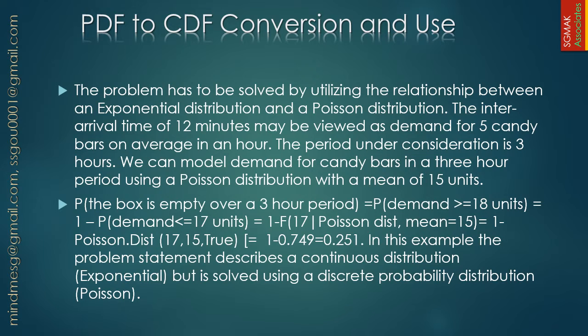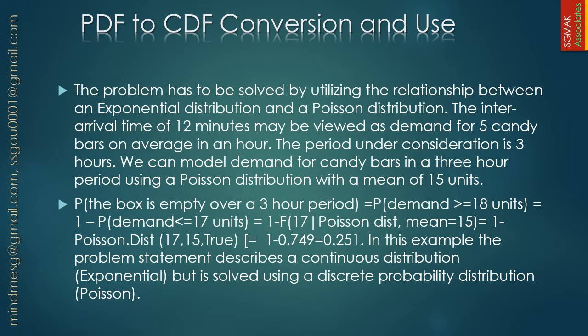Using statistical function in Excel, we can write that as equals 1 minus POISSON.DIST, parameters 17, 15, TRUE. And that gives a value of 0.251. We use TRUE when you use the CDF.